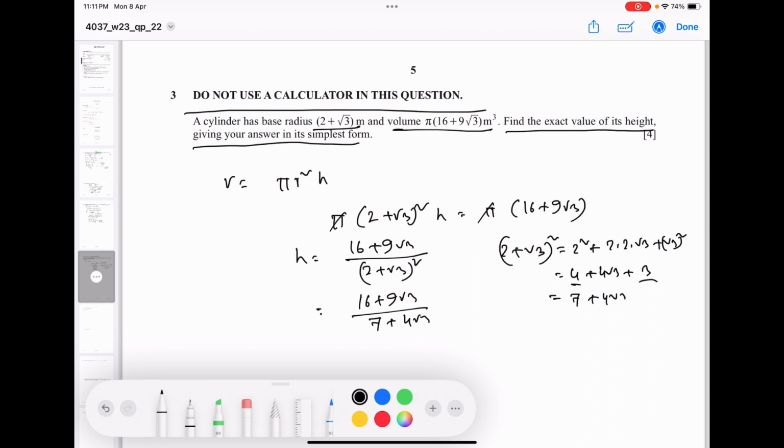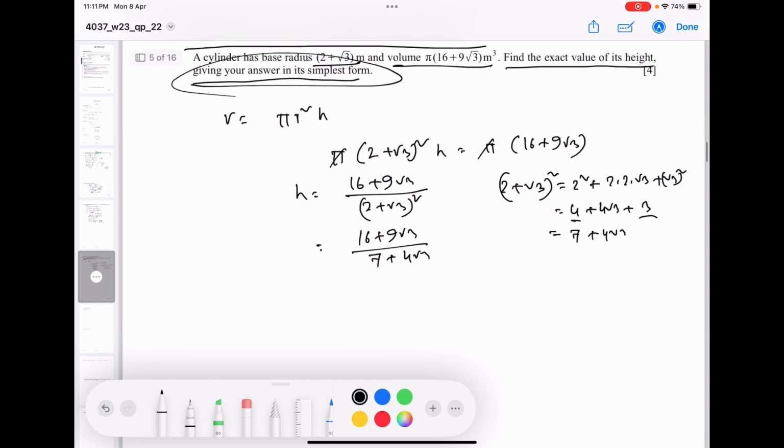But we need to simplify that, giving your answer in simplest form. So how can we simplify that? We need to rationalize that fraction, since the denominator is in surd form. To rationalize, we will multiply numerator and denominator by the conjugate of 7 plus 4 root 3.